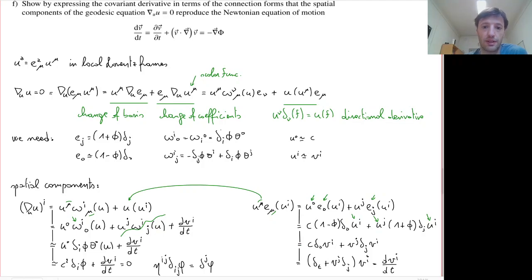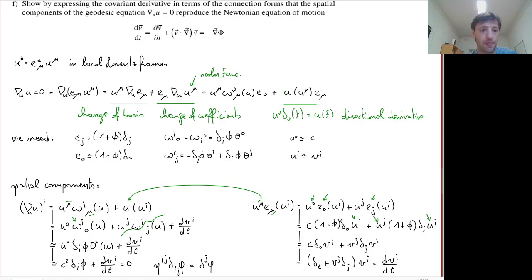Therefore, all of this part reduces to that. We have e_mu, which we are not touching and is just left there. Then we have the covariant derivative along u, which is just a standard directional derivative along u of the coefficient. Therefore, this term becomes that.